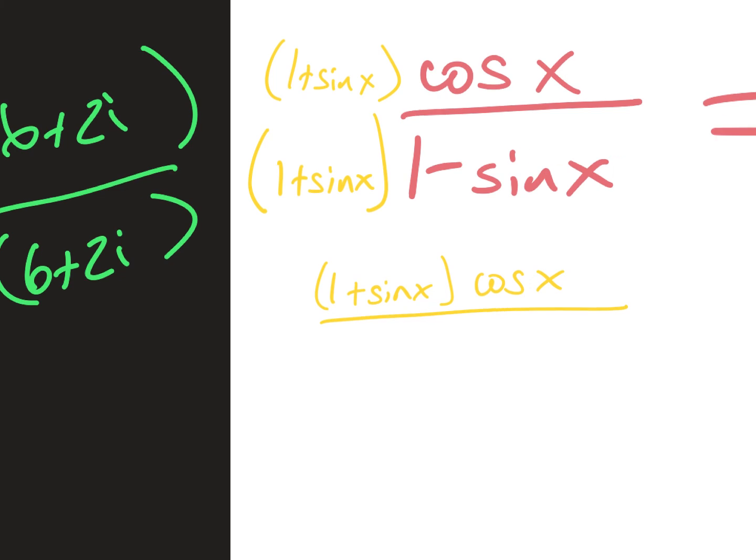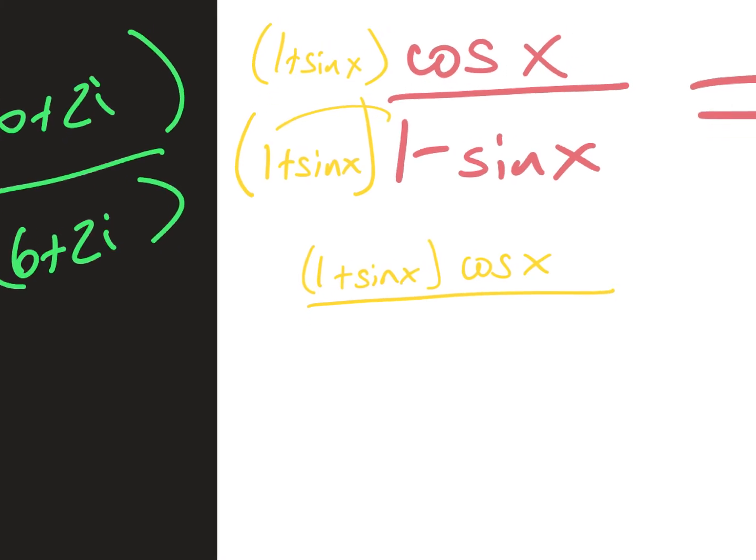But if I FOIL the bottom, what is 1 times 1? 1. What's 1 times negative sine? Negative, good, sine of x. What's positive sine times 1? Positive sine x. And what's sine times sine? Sine squared. Yep, so minus sine squared x.